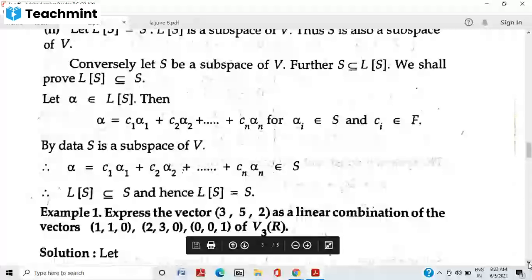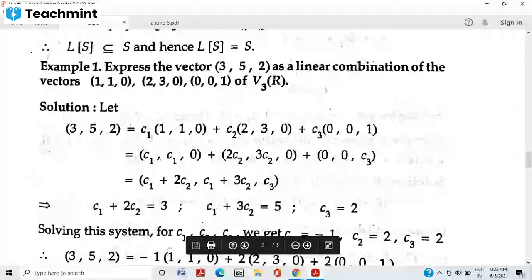Then we will solve those equations. Then add that; what do you get?